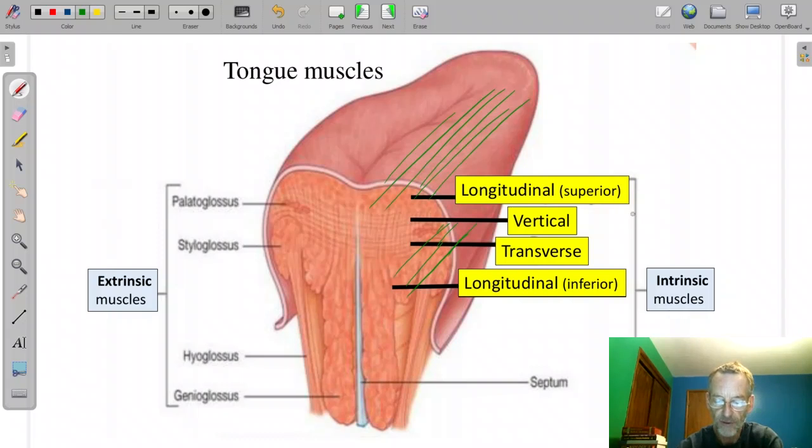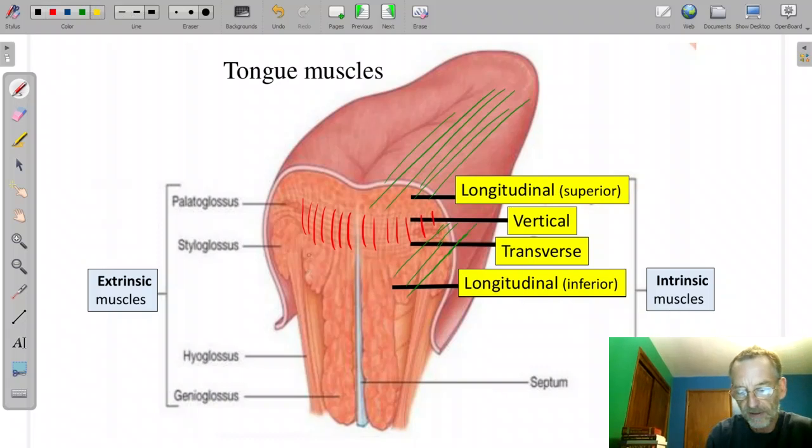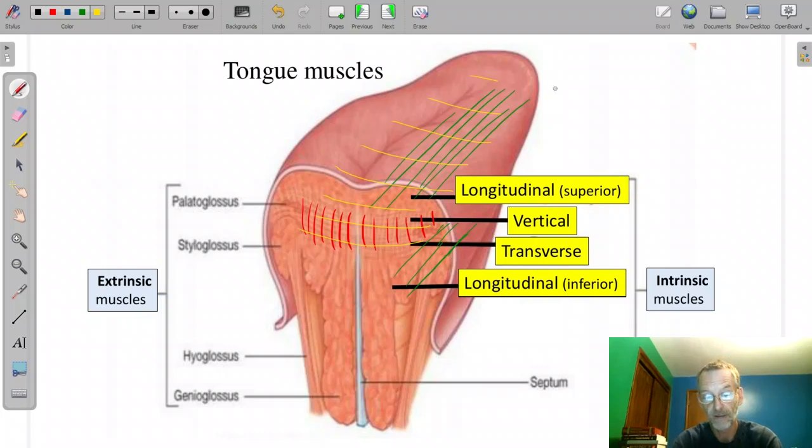And then we have the vertical muscle fibers that run vertically. And then we also have the transverse fibers that run side to side throughout the tongue. That's about it. They're running basically in all three directions of the tongue. Produce different movements.